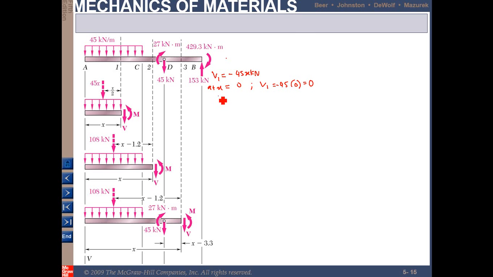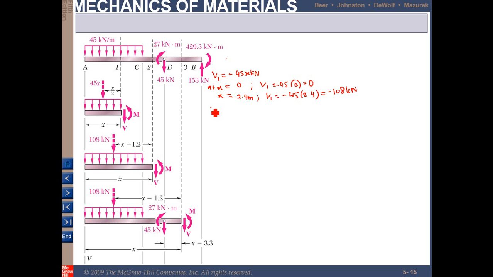At x equal to 2.4 meter, you get V1 equal to minus 45 times 2.4, and then you get minus 108 kilonewton.